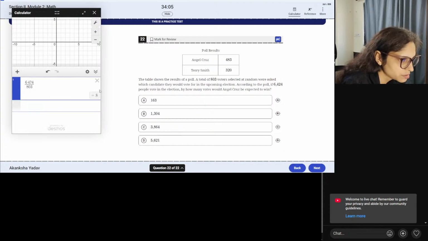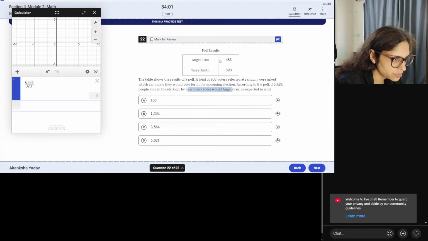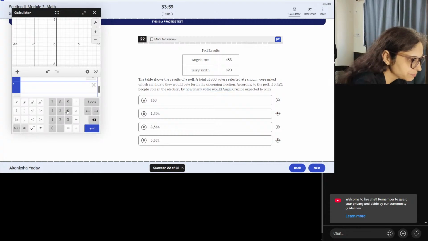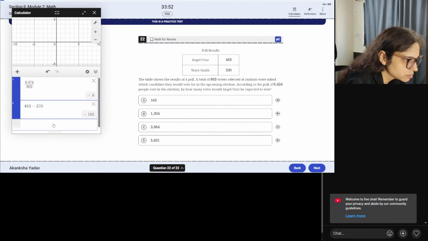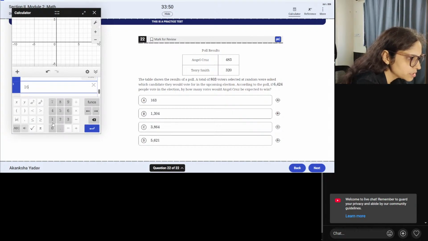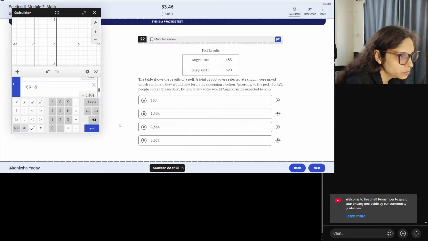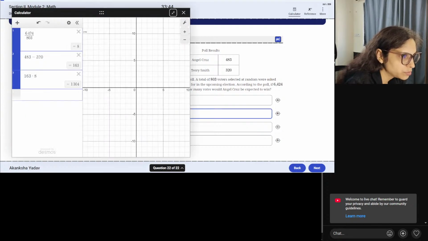So this is 8 times. By how many votes? So right now they're winning by 483 minus 320, 163 votes. Then they would be winning by 163 times 8. 1304 votes. I'll explain it one more time.